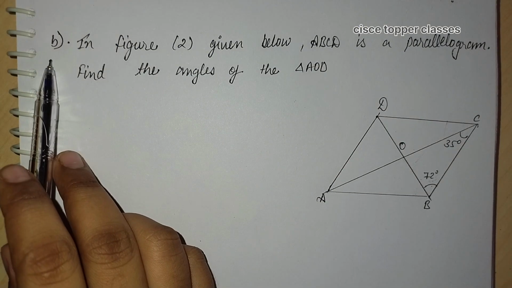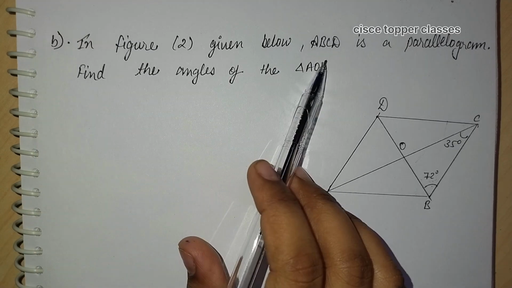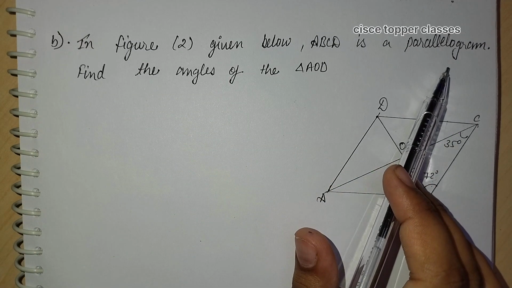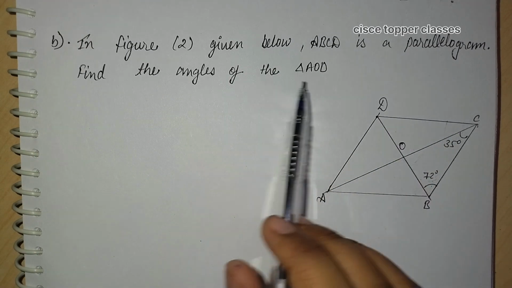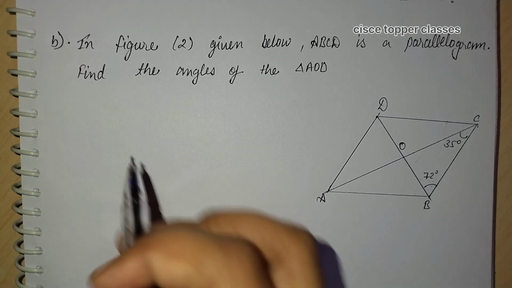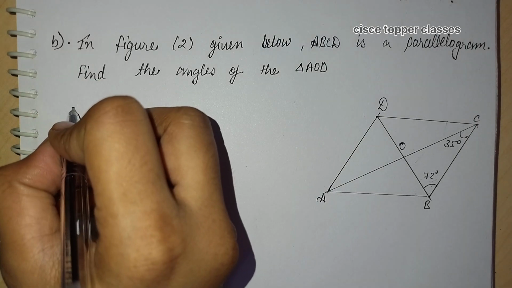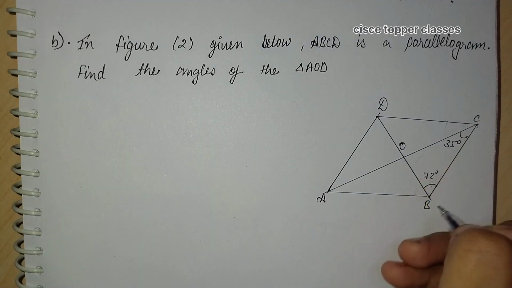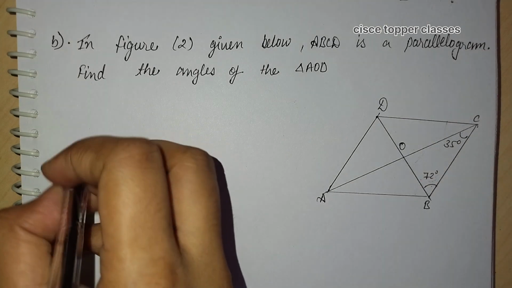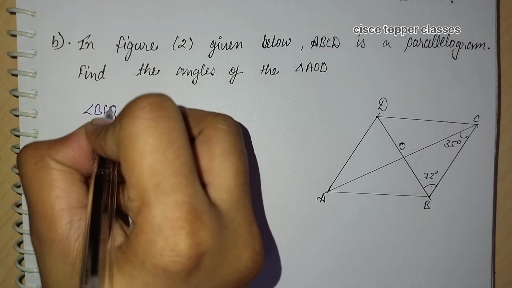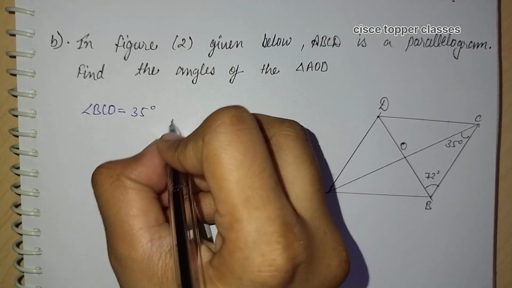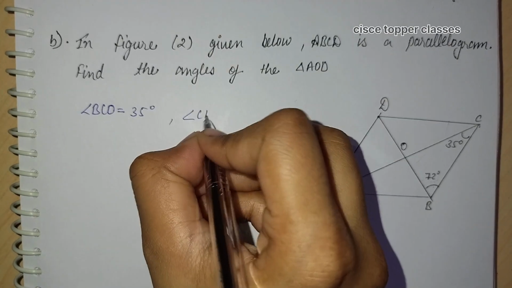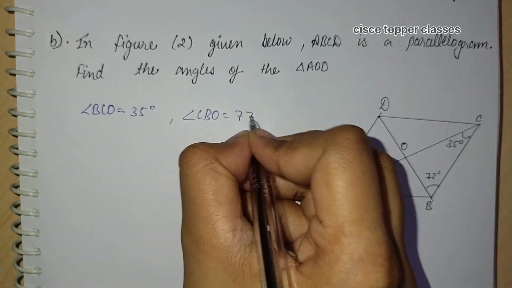Let us solve here the second part. In the figure given below, ABCD is a parallelogram. We have to find the angle of triangle AOD here. So simply, as the given angle BCO is given to us, it is 35 degree. Angle BCO is equal to 35 degree, and here angle CBO. This CBO is equal to 77 degree.